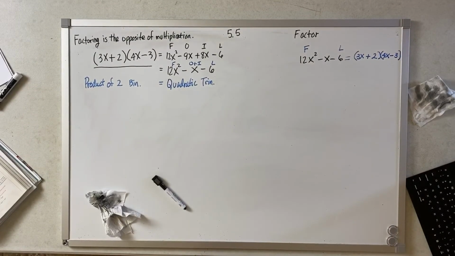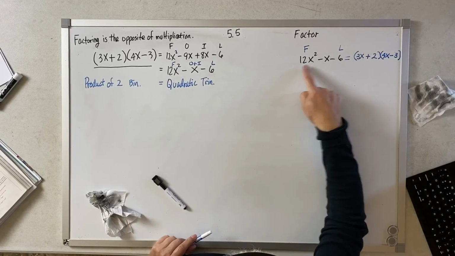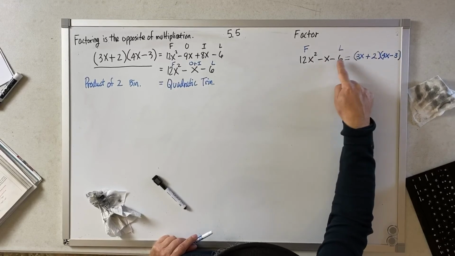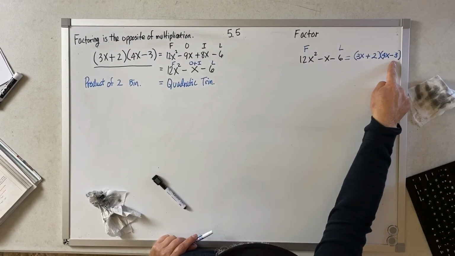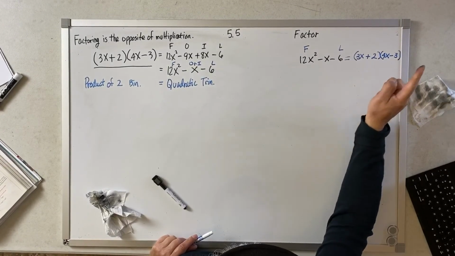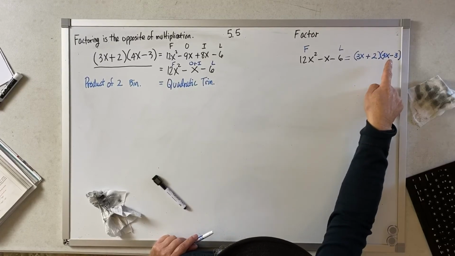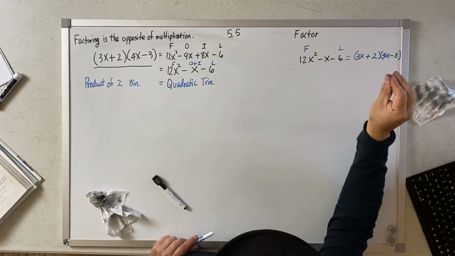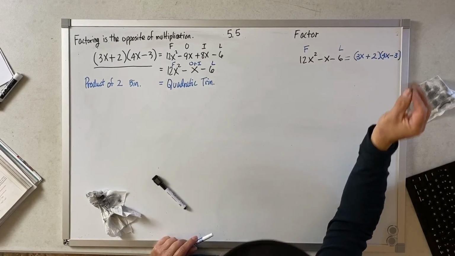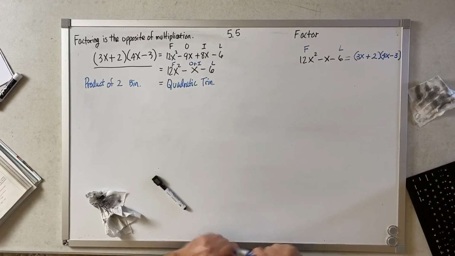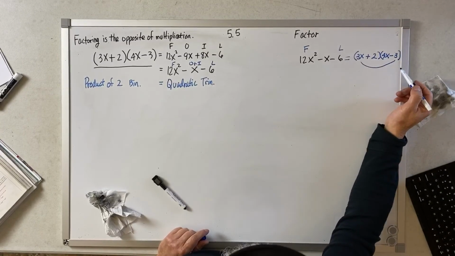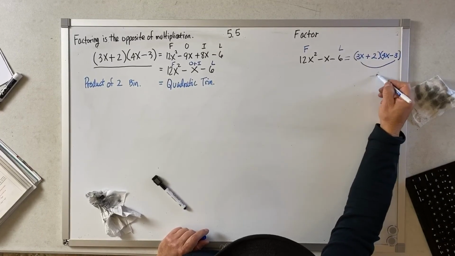Note, first is 3x times 4x, 12x squared. Last is 2 times negative 3, negative 6. Don't forget, outer and inner go together. They are added together. So here is outer, and what is that? Negative 9x.